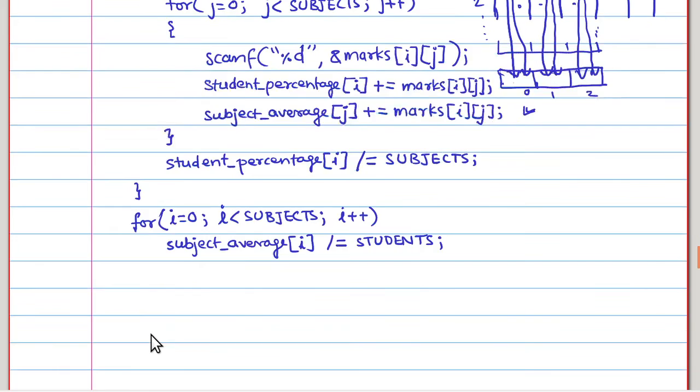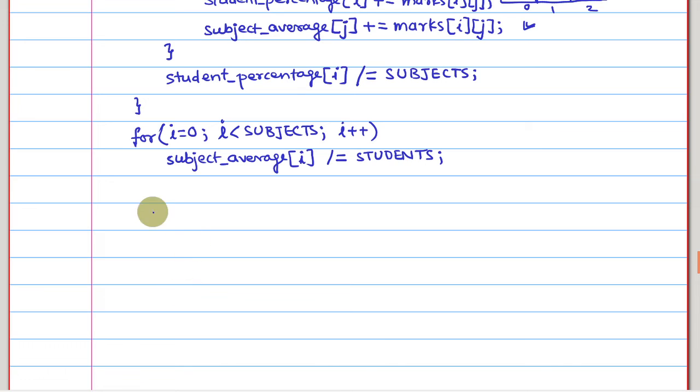Now if you want to print the marks, let's say on the output screen, I want the output something like this: 39, 46, 82, and then the percentage of that student here.